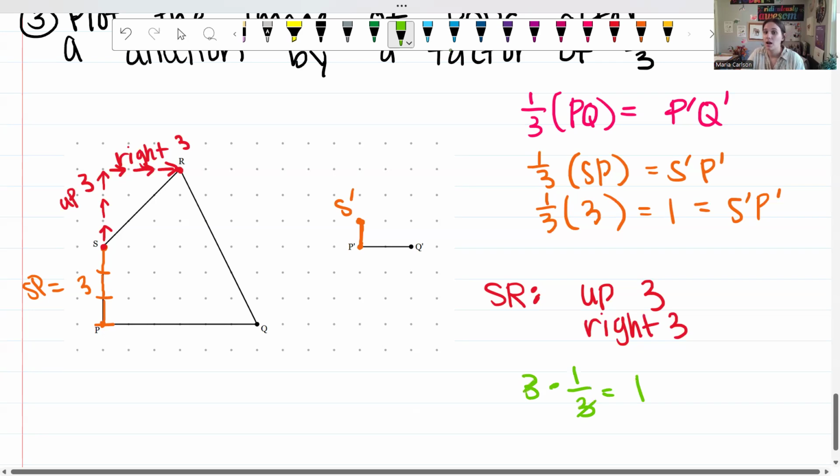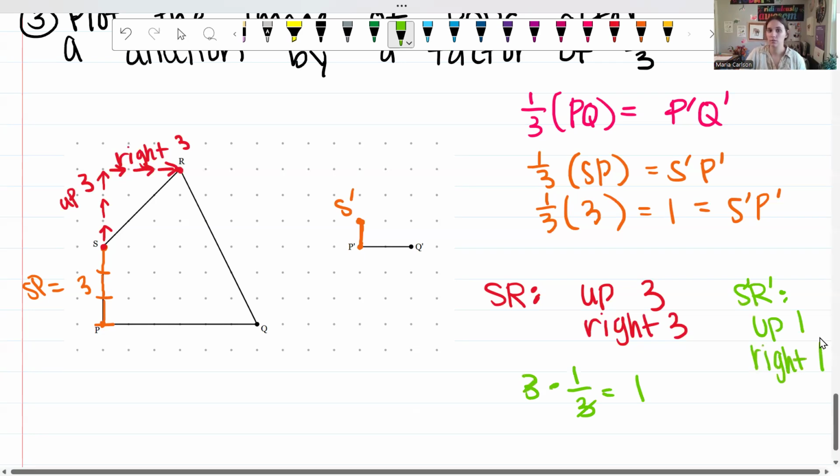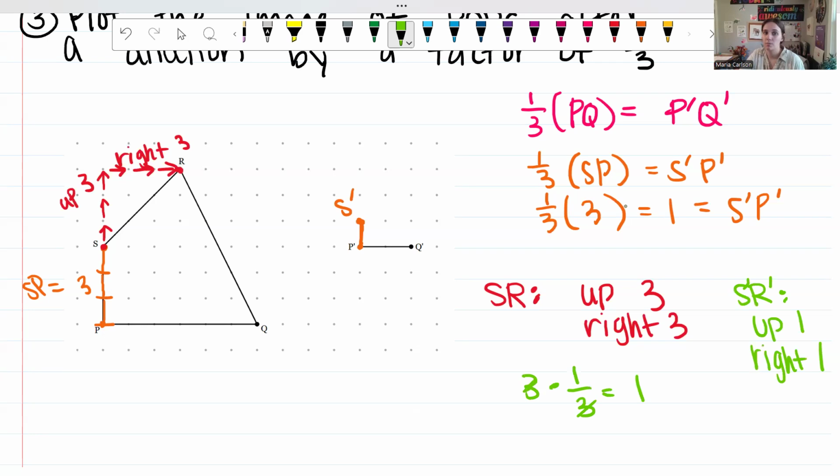So instead of going up 3, right 3 to find this S prime R prime, I'm going to go up 1, right 1. So to get from S to wherever R prime is, I'm going to go from S up 1 unit, and then I will go right 1 unit. And this would be our new R prime.